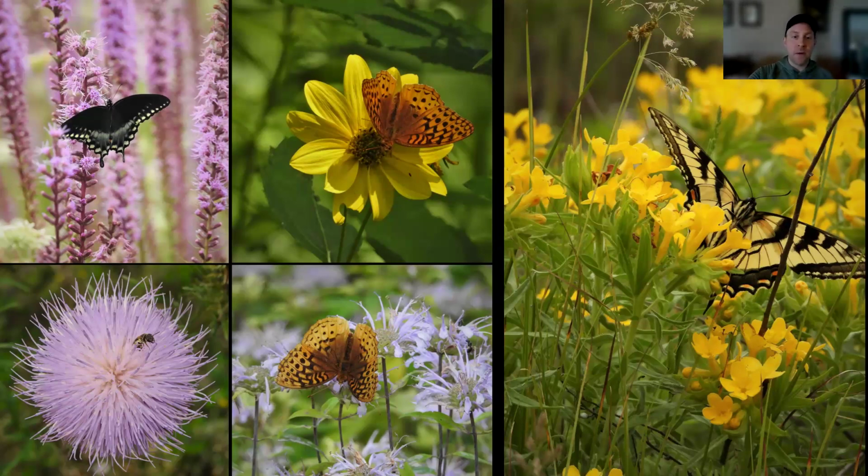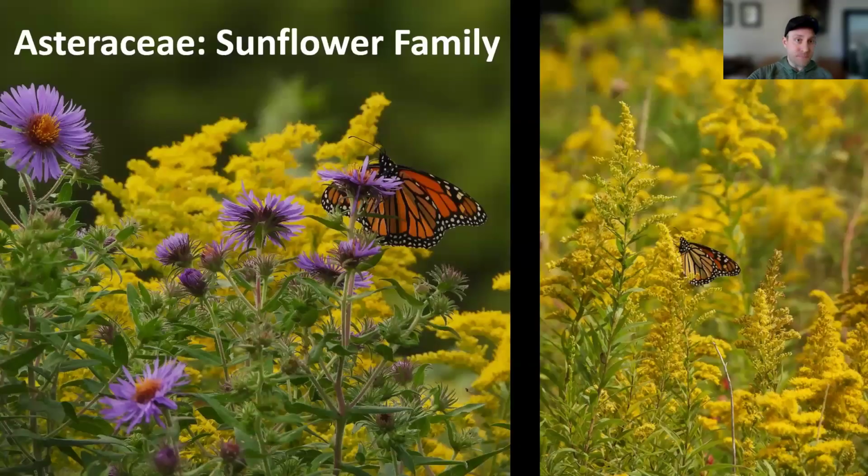Large, bright colored flowers and a big landing pad. Often they have a tube, even if it's very tiny, like the photos on the far left, for them to stick their tongue into. A little tubular structure where the nectaries are in the plant and the butterfly can access food.